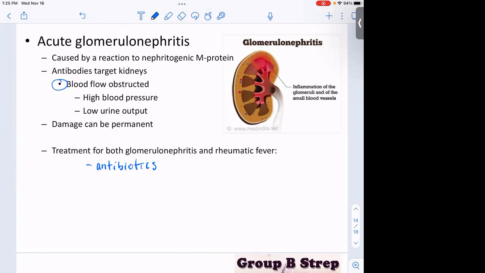But the antibiotics are not going to help with the autoimmune complications. So there are drugs that we can give that will suppress the immune system, immunosuppressive drugs, and hope that we can kind of tamp down that antibody production so that the damage isn't worse.